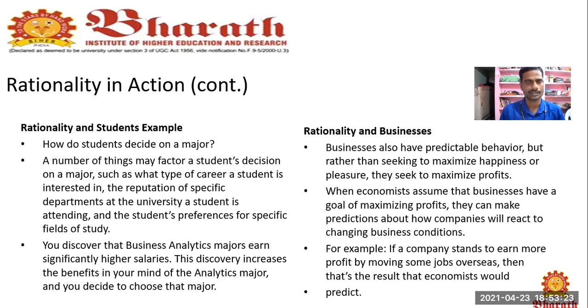Rationality in action. Rationality and the students. We have given several examples. Rationality and business. Even business people also want to maximize profit. Here, students decide on a major. Students want to join any program, degree programs.